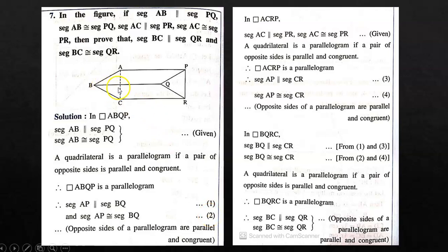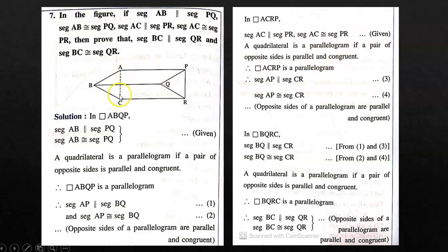Now let's move to other quadrilateral. Quadrilateral ACRP. Segment AC is parallel to segment PR and AC is also congruent to PR. This is given information. Therefore, again, according to property, a quadrilateral is a parallelogram if a pair of opposite sides is parallel and congruent.